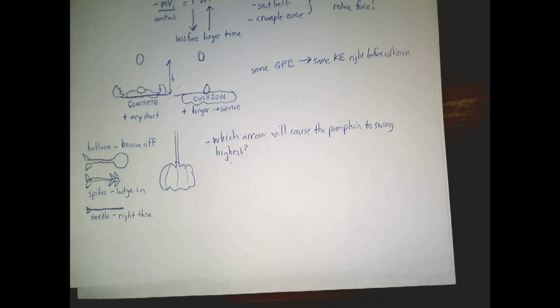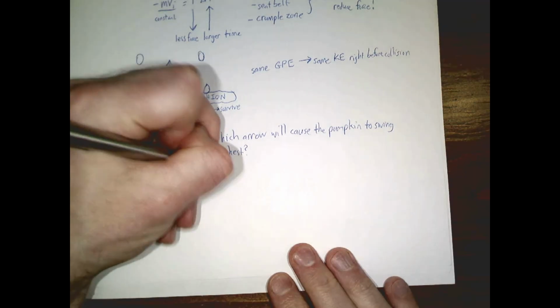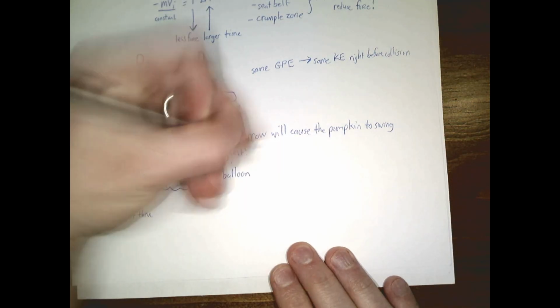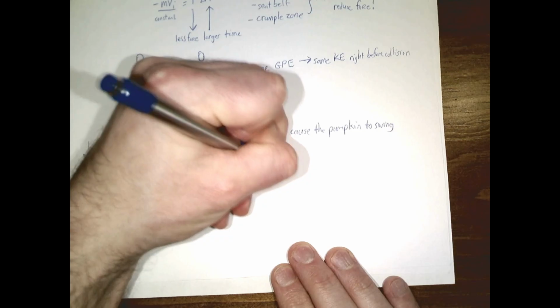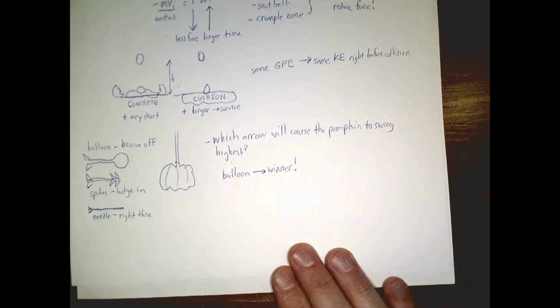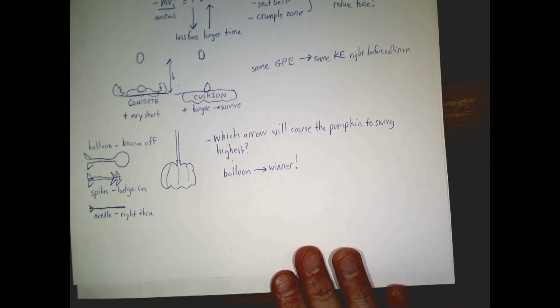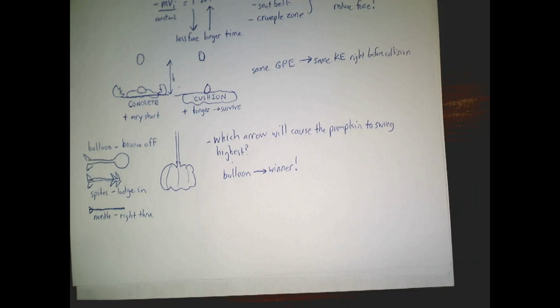Now, I'm sure you actually did that, and so hopefully you've come up with the right answer, and hopefully you have correctly picked that it is in fact the balloon arrow. That is the winner. The reason for this is the definition of impulse as a change in momentum.